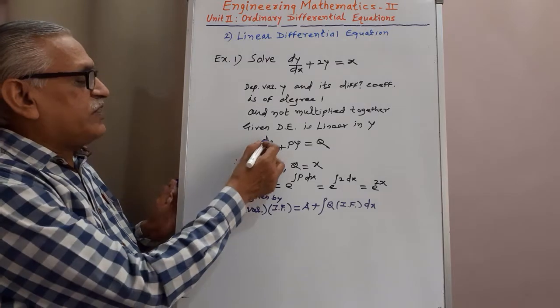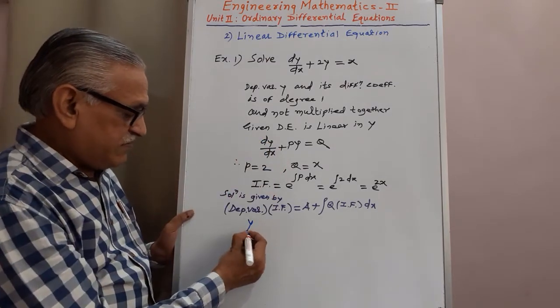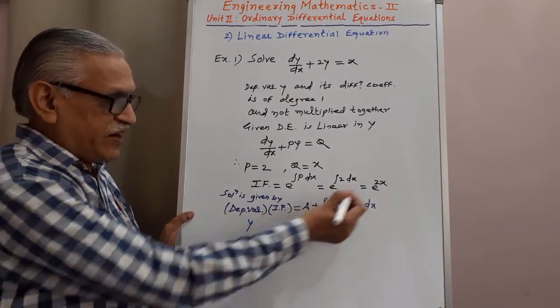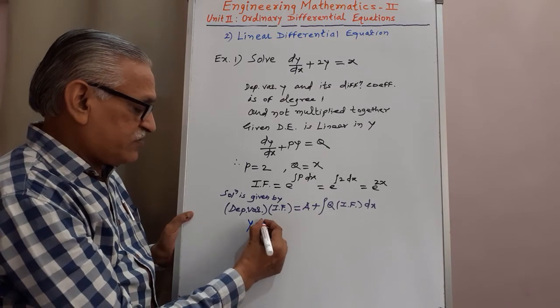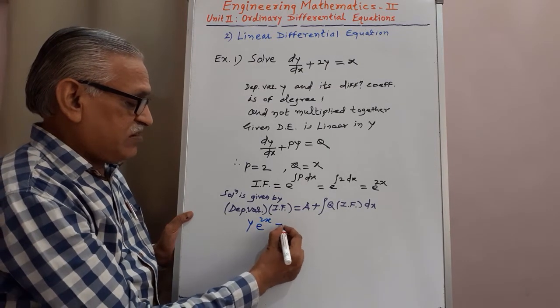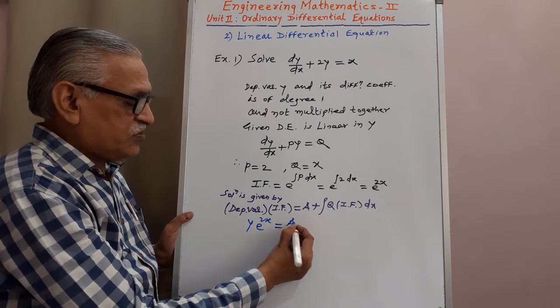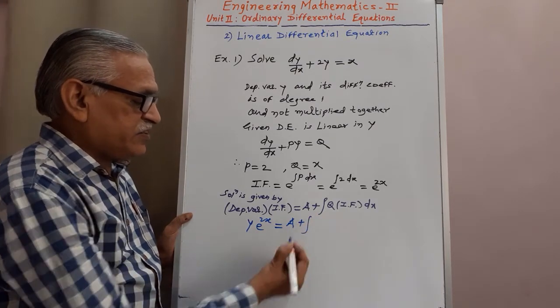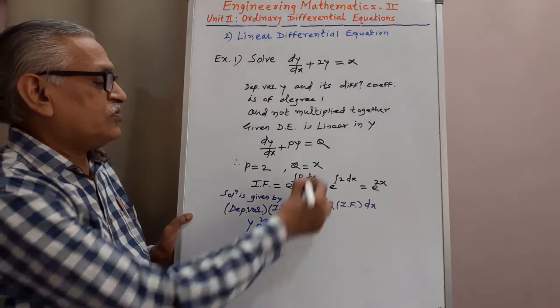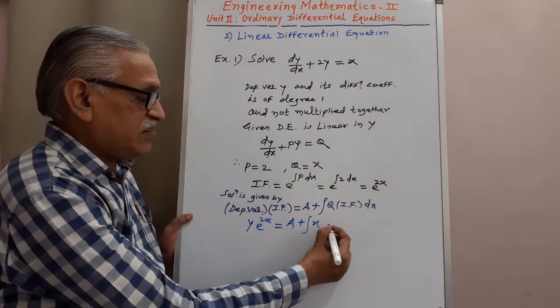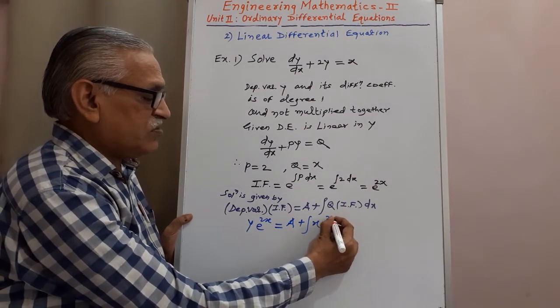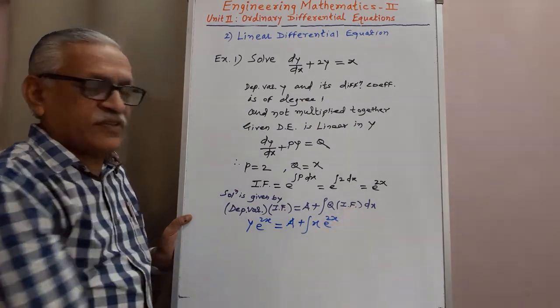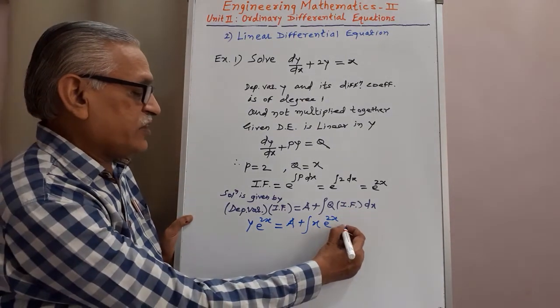Here the dependent variable is y. Integrating factor we are getting as e raised to 2x. So y e raised to 2x is equal to constant of integration plus integration of q, x, into e raised to 2x, the IF, into dx.